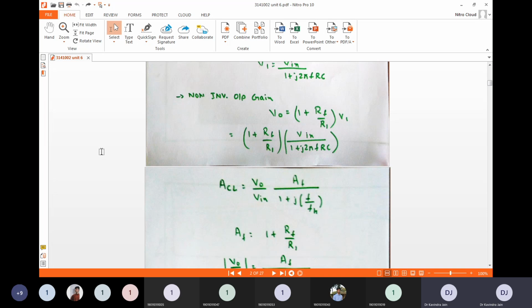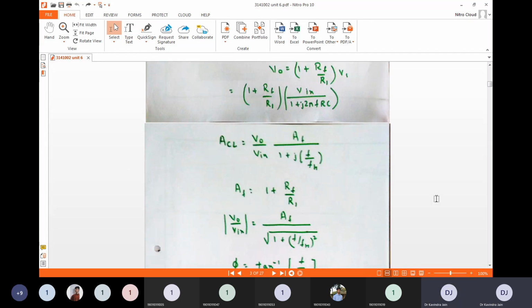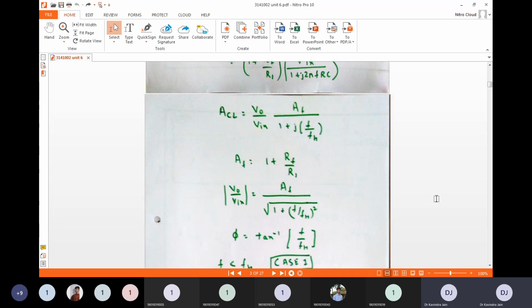I repeat, FH or FC is same over here. Proceeding further in this equation, absolute value of V naught upon V in is equal to AF divided by square root of 1 plus F upon FH whole square. So if we calculate the magnitude, the phase part is tangent inverse of F upon FH.